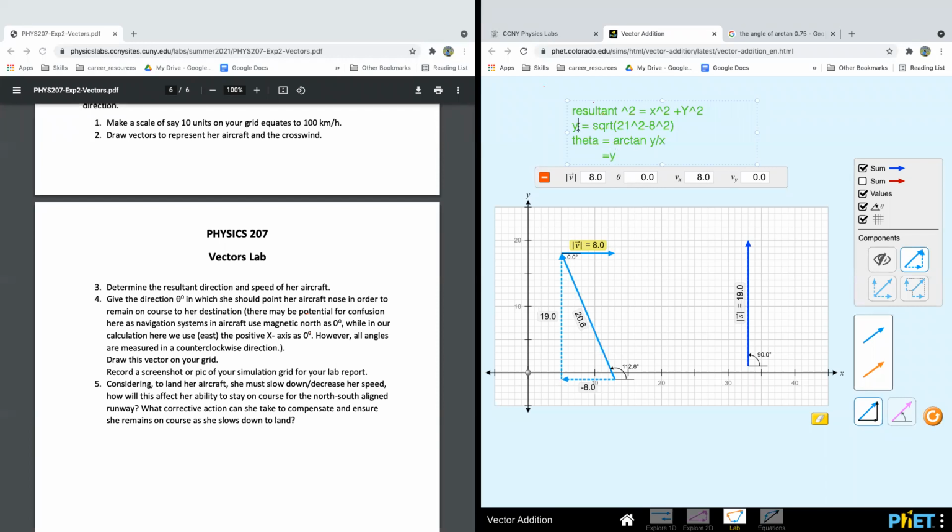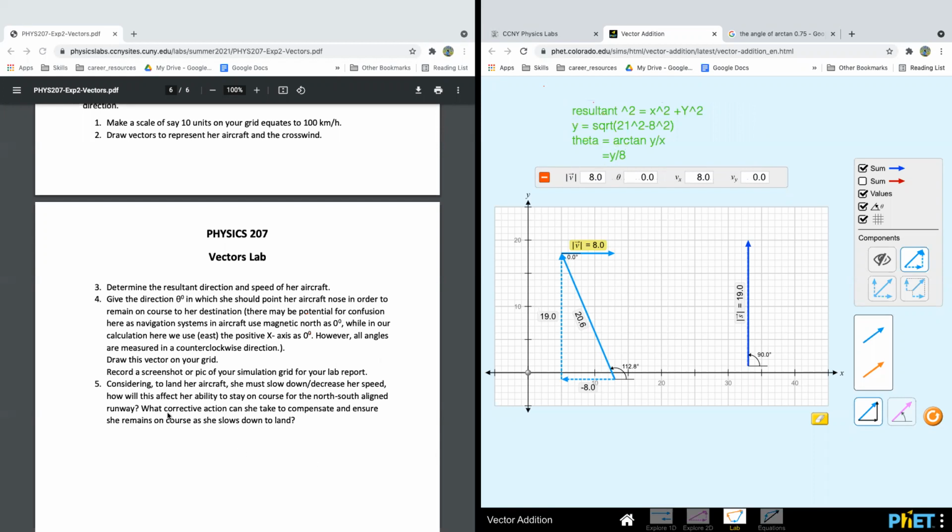So the y you calculate here divided by 8. Then you can have a theta. You can Google what the theta value is, so you put it here. Does it make sense? Are you guys following me? Okay.